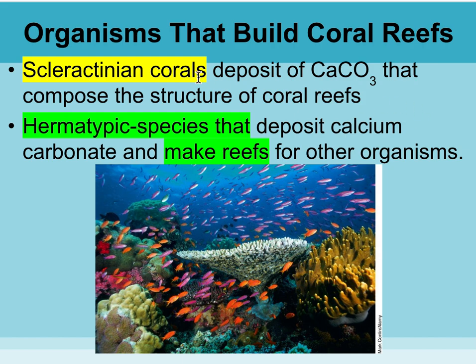So there is coral that will actually build reefs and have really hard parts and all these little hidey holes and places for things to eat and to lay their babies, and that's called the scleractinian corals. And there's a specific type called the hermatypic species that deposit calcium carbonate, and they make the reefs for other organisms.